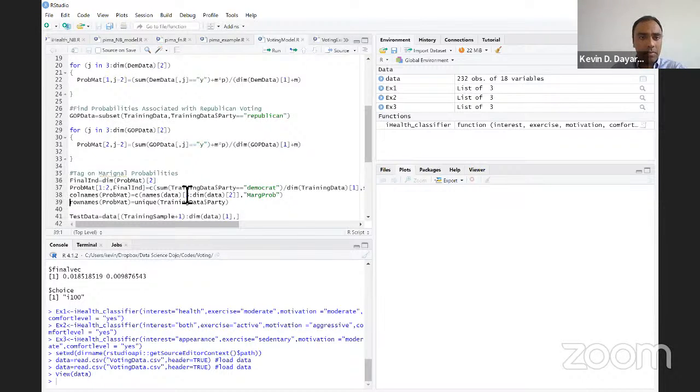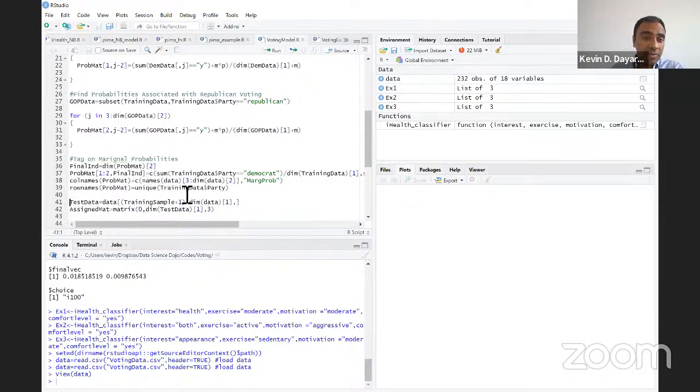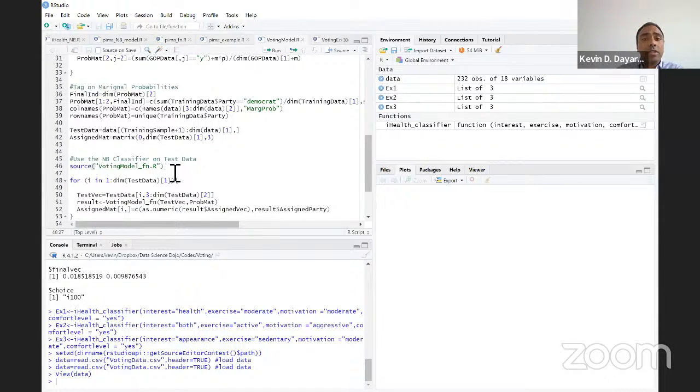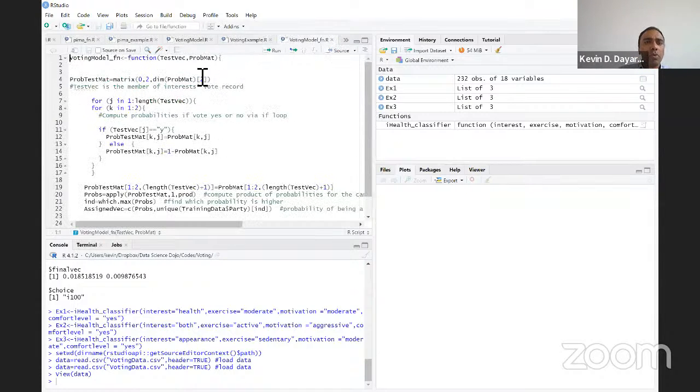And then we compute our test data, which is from the end of the training sample onwards. And we have a function that we invoke to actually make the assignments, and that is right here, where it takes in the voting of a particular line of the data set, test vec, and it takes the naive Bayes probabilities in, and then it computes a probability test matrix.